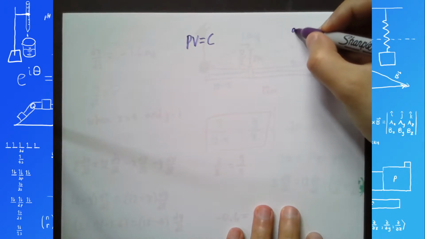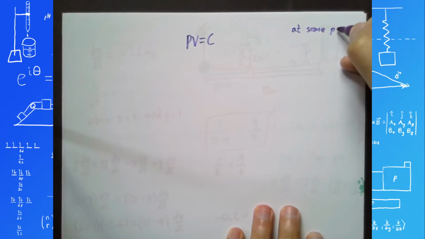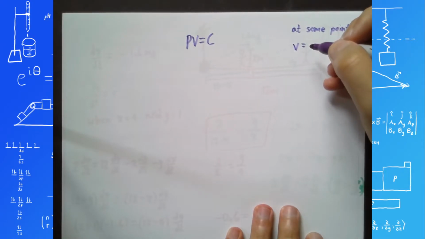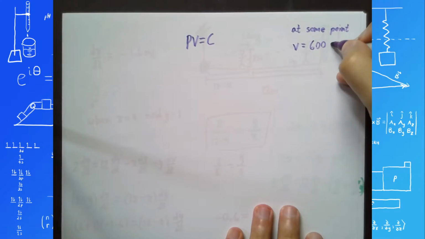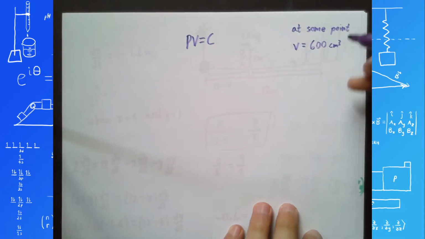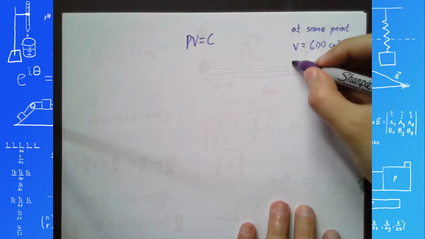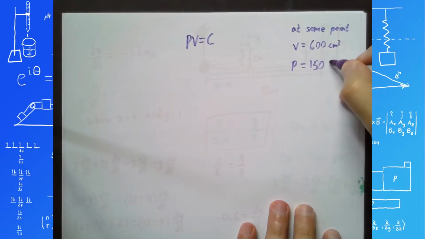So at some point, and I can see this purple marker is fading, at some point V is equal to 600 cubic centimeters. And the pressure is 150 kilopascals.